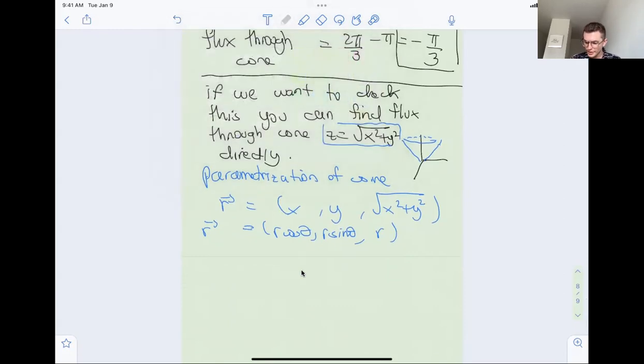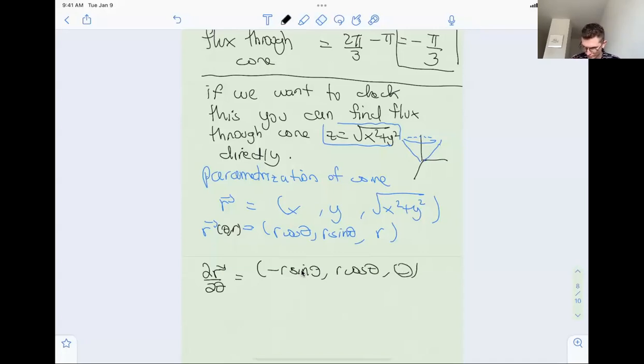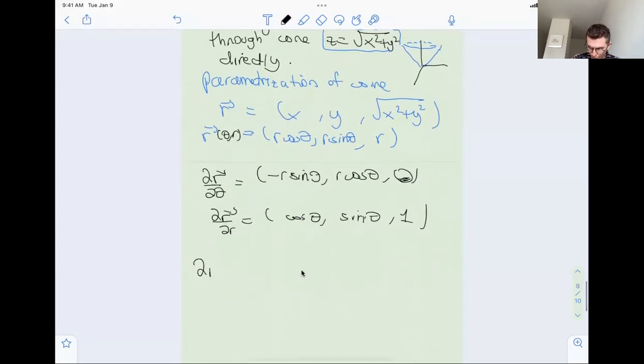If you do this, it's a parametrization in terms of theta and r. The partial with respect to theta is minus r sine of theta, r cosine of theta, and then 0. The partial with respect to r is cosine of theta, sine of theta, and then 1.